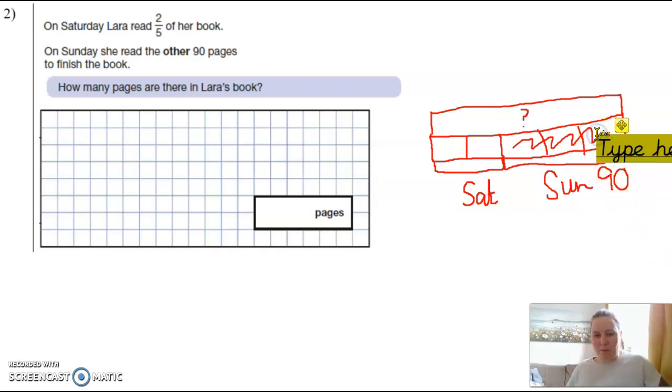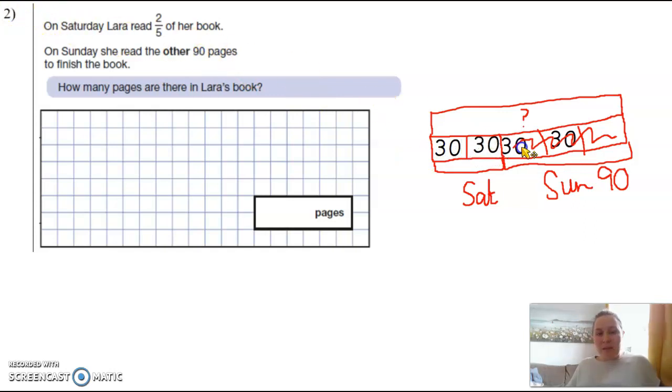So 90 divided by 3 is 30. Okay, so that means that each little bit is 30. Okay, so I can add 30 into every bit here.